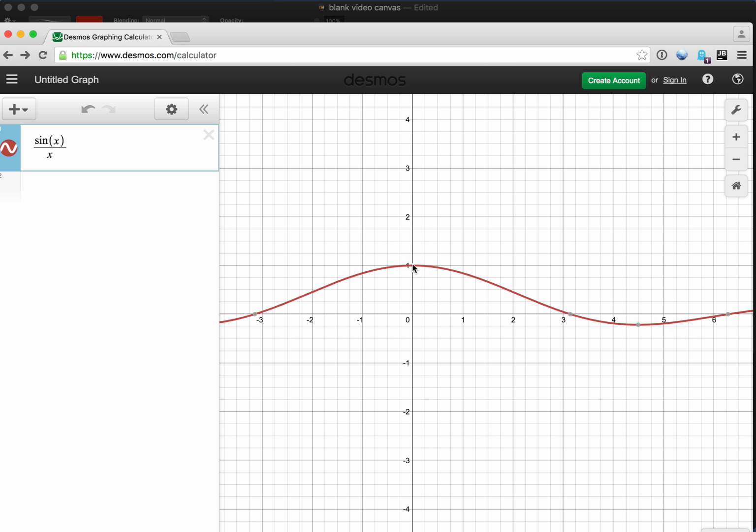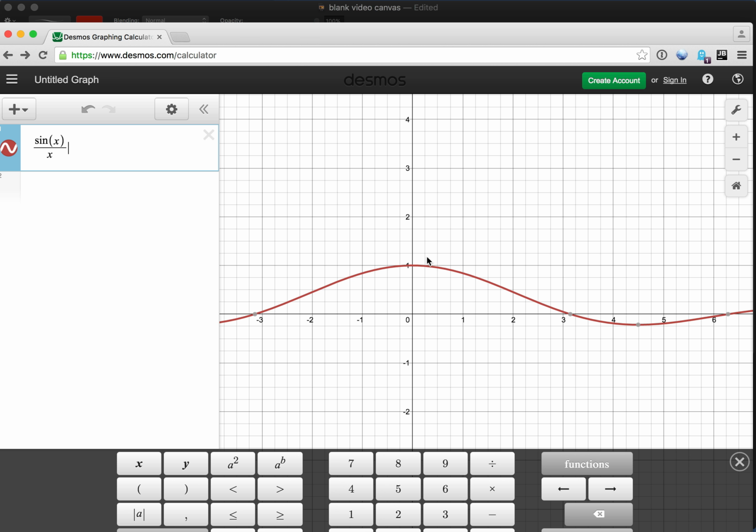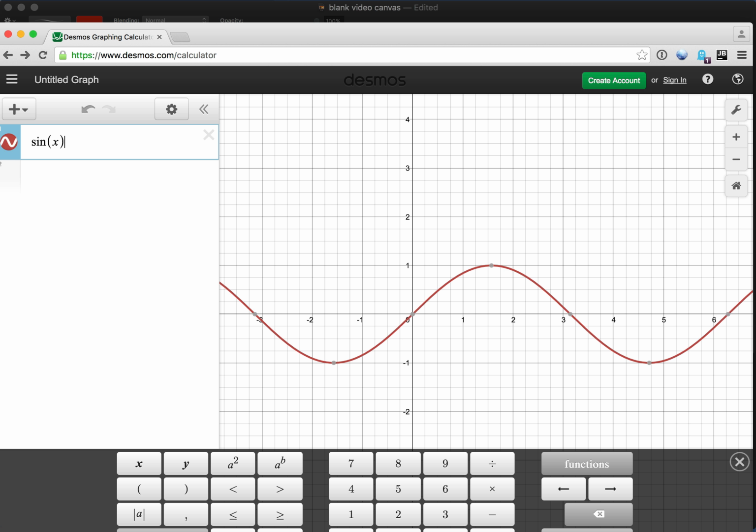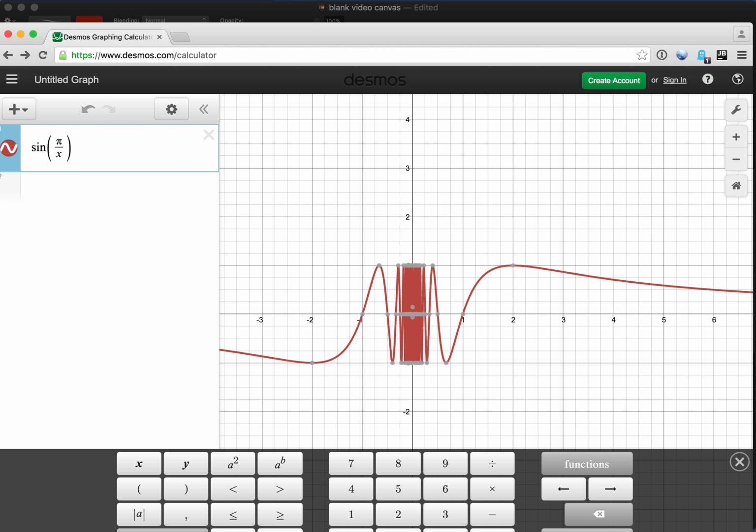Notice I hit 0, it's undefined, but it won't graph it if I don't hit the button there. And so that's pretty interesting. We'll talk more about that one when we get into limits.